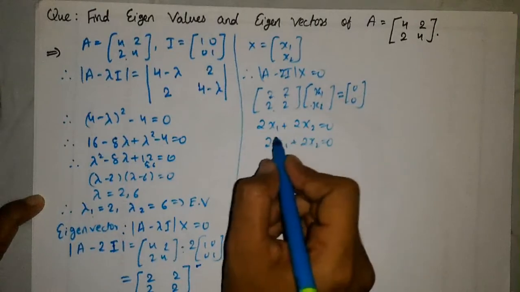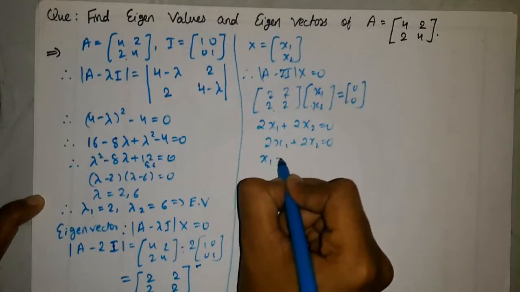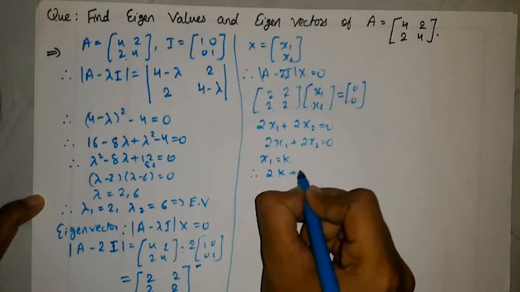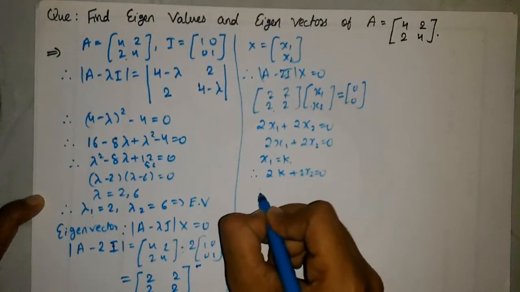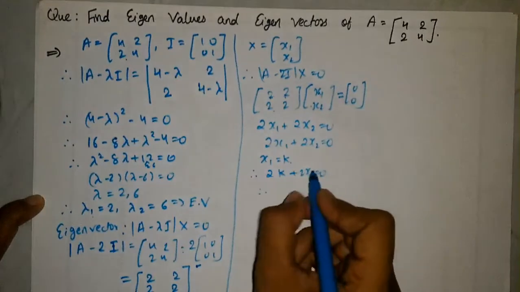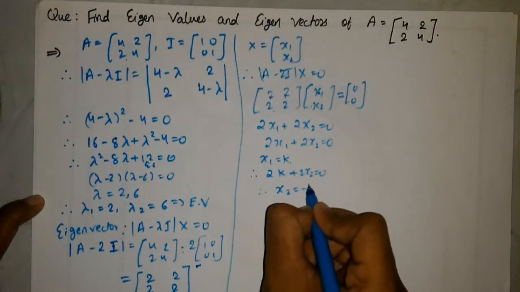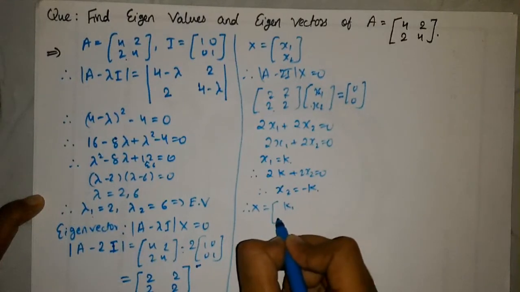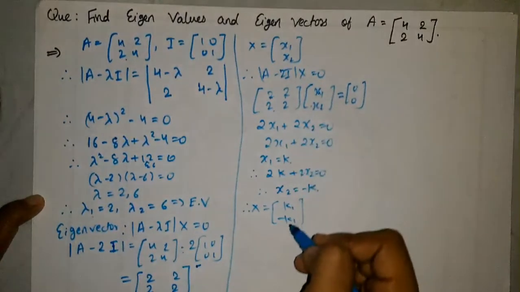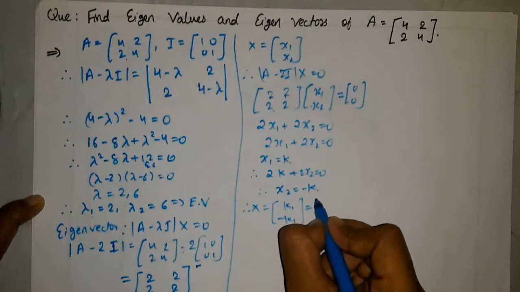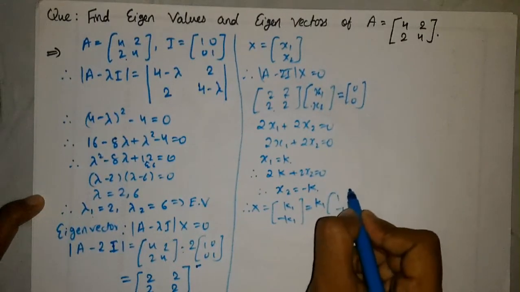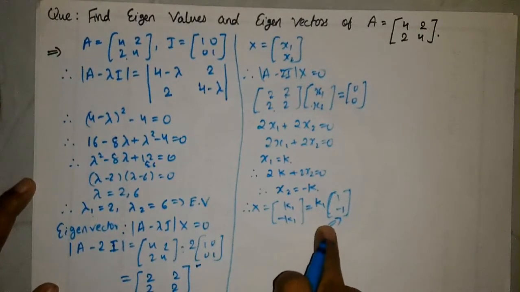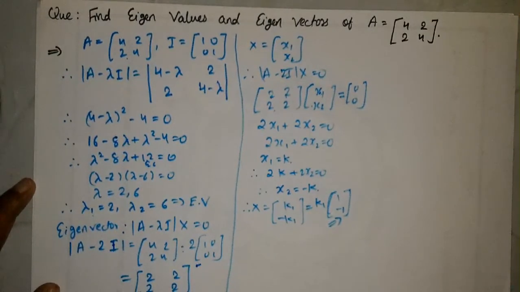Here we are getting the same equation, so let us assume x1 is equal to k. Therefore, 2k plus 2x2 is equal to 0. The 2 is common and cancels, so x2 is equal to minus k. Therefore, x is equal to [x1; x2], that is [k; minus k], which is equal to k into [1; minus 1]. So this is our corresponding eigenvector.